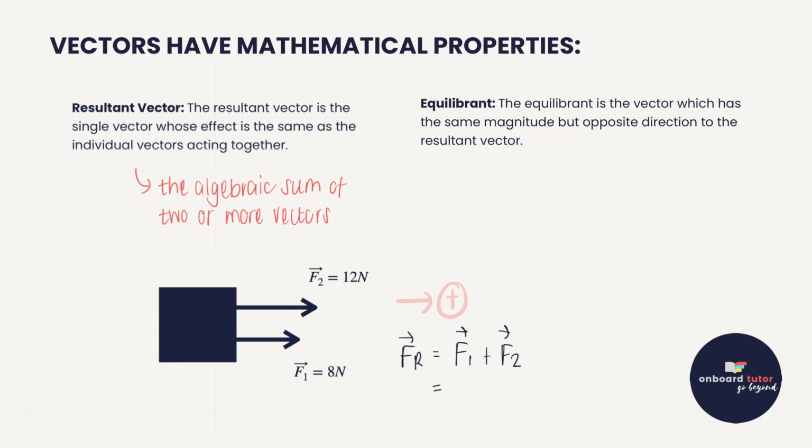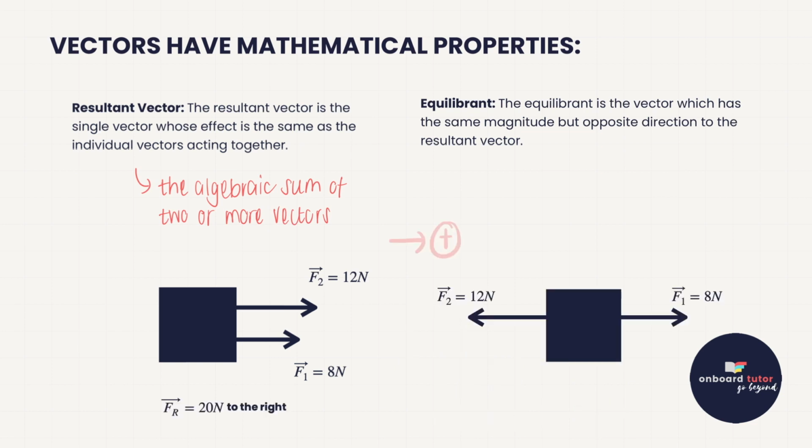And remember, the arrows are indicating that these are vectors, so we need to take their directions into consideration, which is exactly why I first said what my positive reference direction was. So therefore, we would substitute a positive 8 for force 1 and a positive 12 for force 2, which will leave us with 20 newtons to the right.